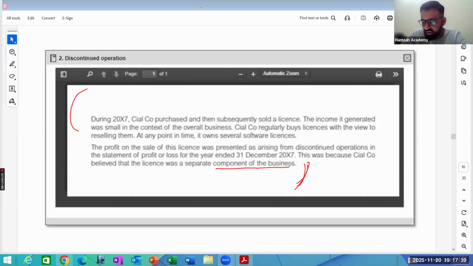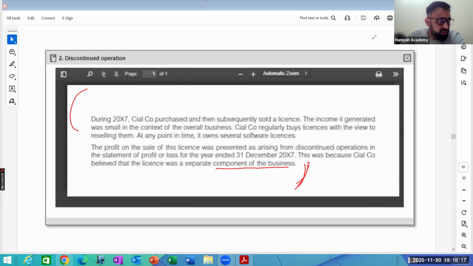Now, dear student, in order to be a discontinued operation, that component of the entity should be a major product line of the business or geographical area of the business, or it should be a subsidiary acquired with a view to resale. The license is not a product line, nor a major geographical business line. And it's not a subsidiary, because in order to be a subsidiary, it should be a business.